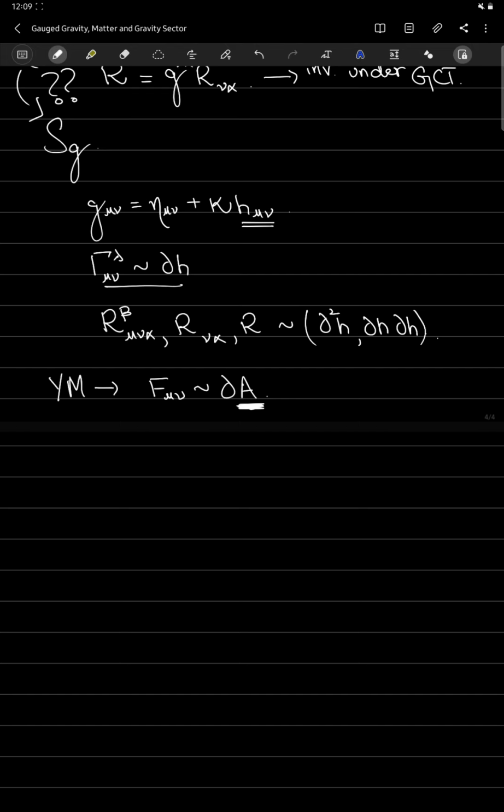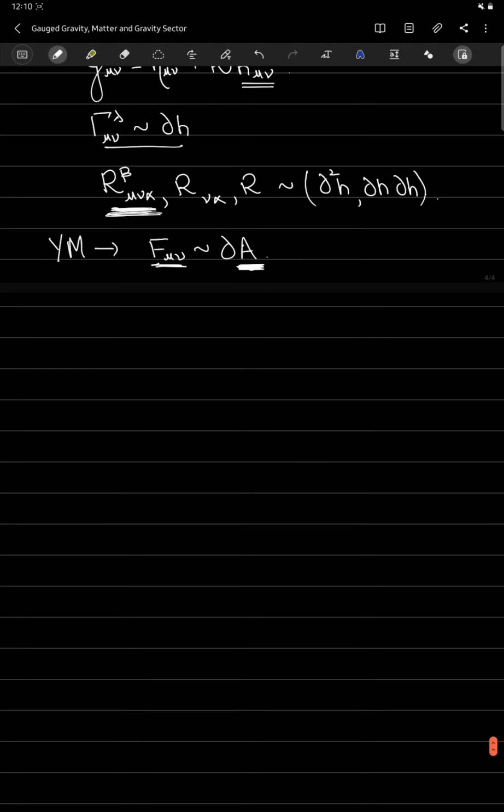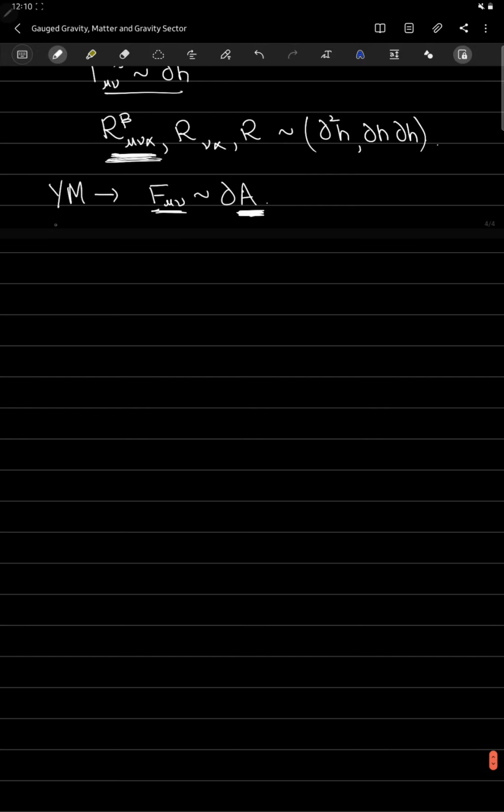Furthermore, the symmetry properties of the Yang-Mills field strength tensor and the Riemann tensor, which is this one over here, are actually pretty different, right? And let me tell you a bit on how they're different.